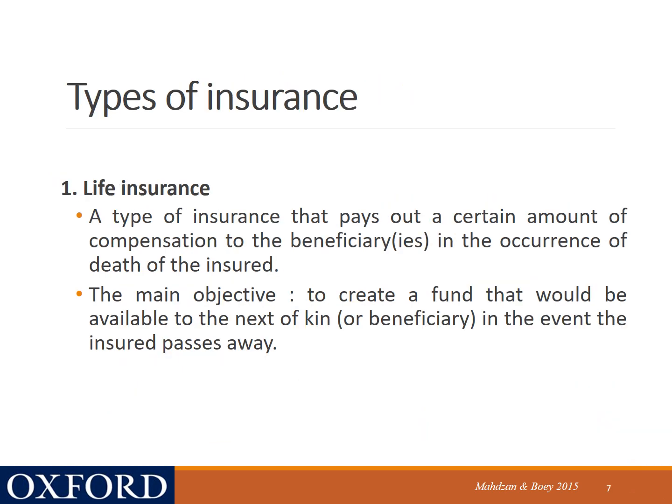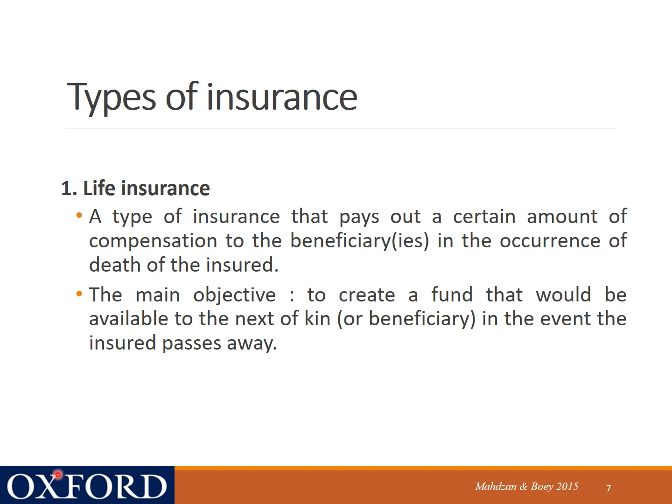Okay, in regards to the types of insurance, generally there are two broad types or classifications of insurance. The first one is life insurance, a type of insurance that pays out a certain amount of compensation to the beneficiaries on the occurrence of death of the insured. So life insurance is about the occurrence of death, and the amount will be paid out to the beneficiaries.